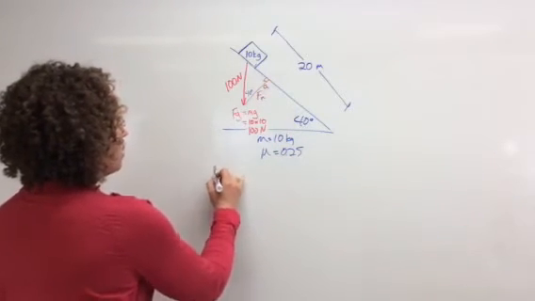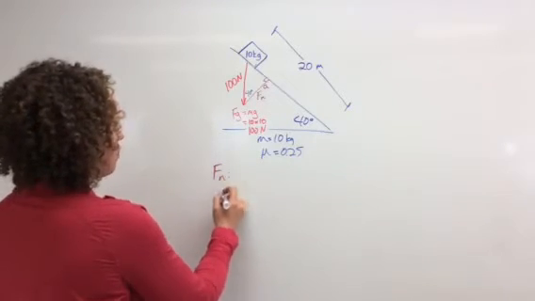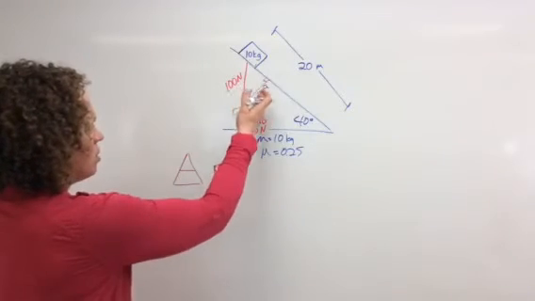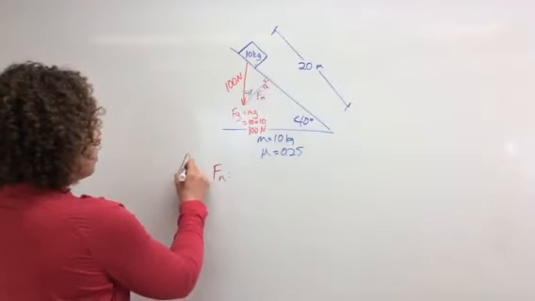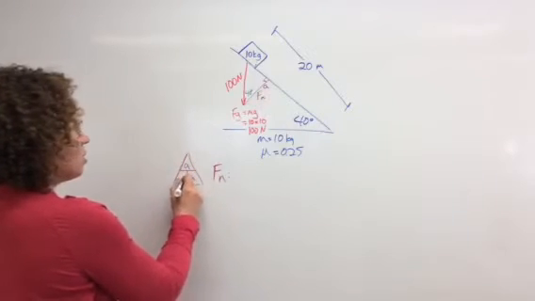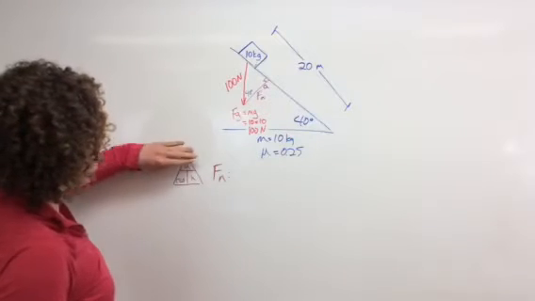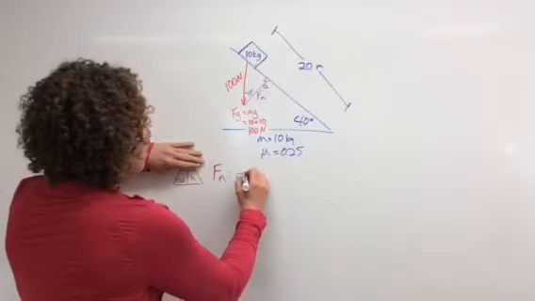So if I want to find out my normal force, then I'm going to have to use the triangle that uses adjacent and hypotenuse, because gravity is always hypotenuse. If I have adjacent and hypotenuse, that's cosine. And I'm looking for my adjacent, so that means I'm going to go cosine times hypotenuse.